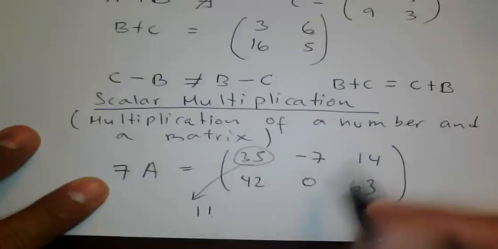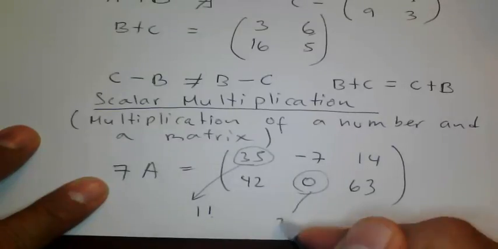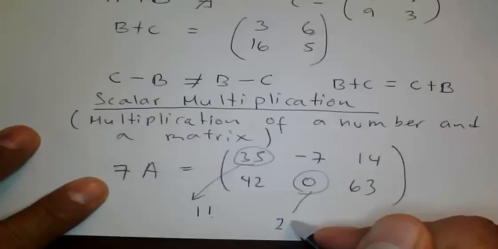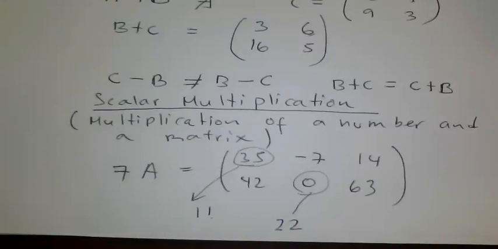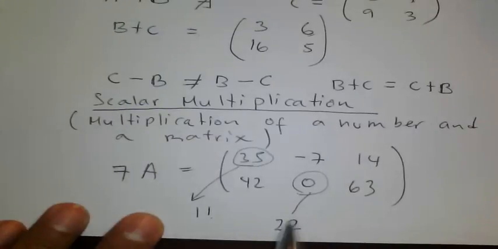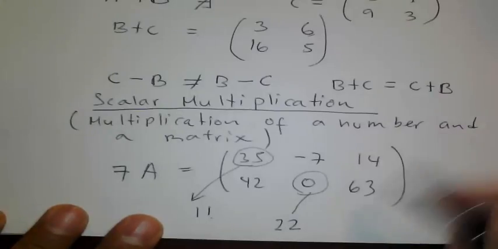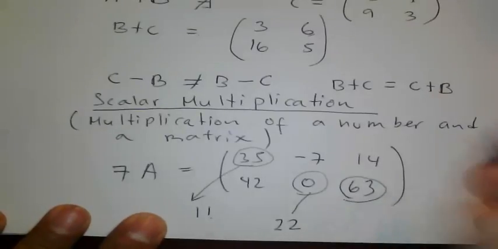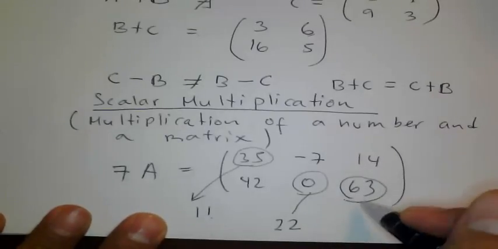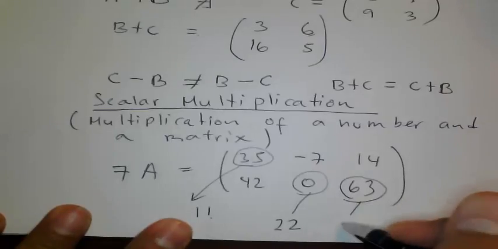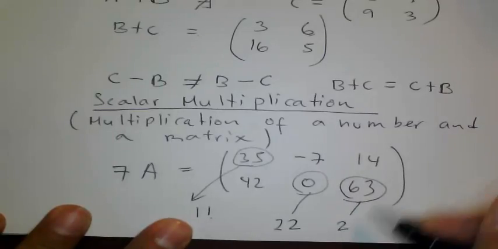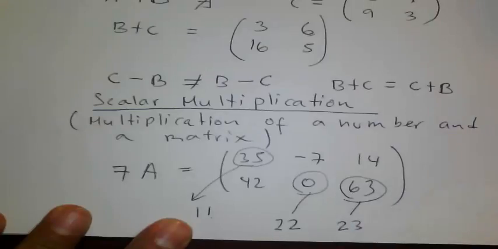Then the 0 will be in the second row, second column. Again, the location of 63 in the matrix will be second row, third column. So that's the position 2, 3.